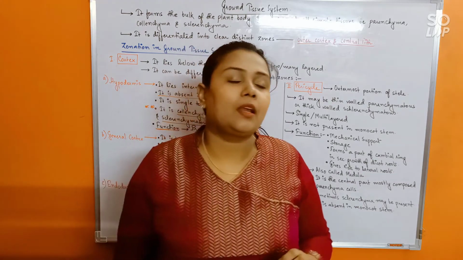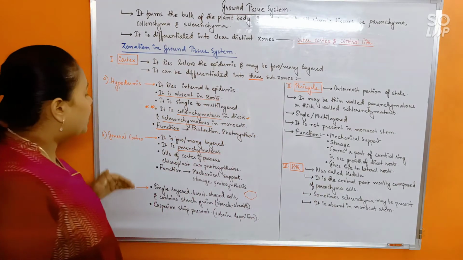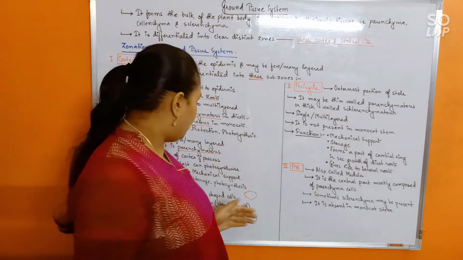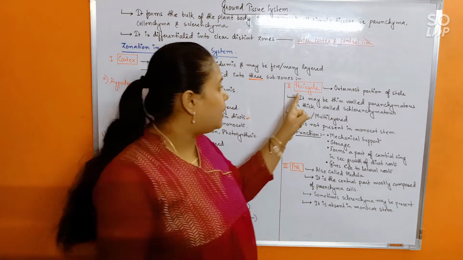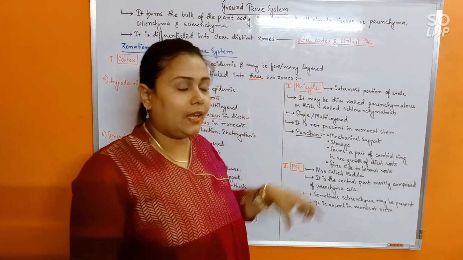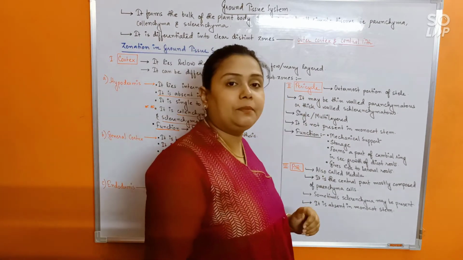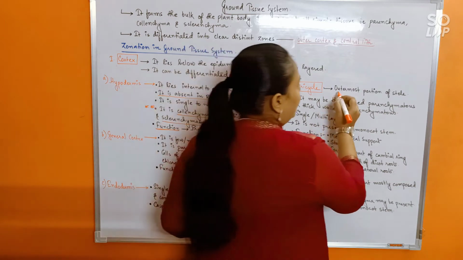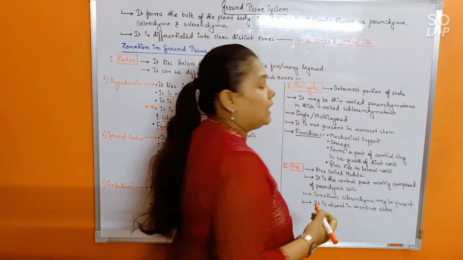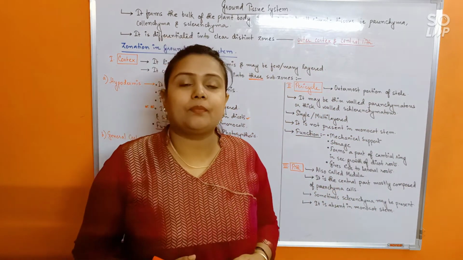Alright, clear? Now, apart from the cortex, internal to the endodermis will remain the other distinct layer of the ground tissue system, that is the pericycle. It is the outermost portion of the stele. Now, what is stele?